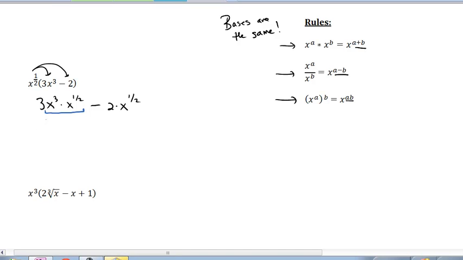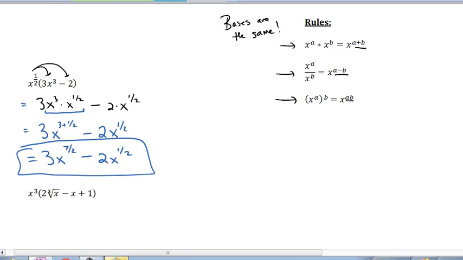And when I do, I'm going to get 3 times x to the 3 plus 1/2, because I add those exponents together, minus 2 times x to the 1/2. And that leaves me with 3x to the 7/2 minus 2x to the 1/2. And again, this is my answer here at the end. I've distributed that term all the way through.